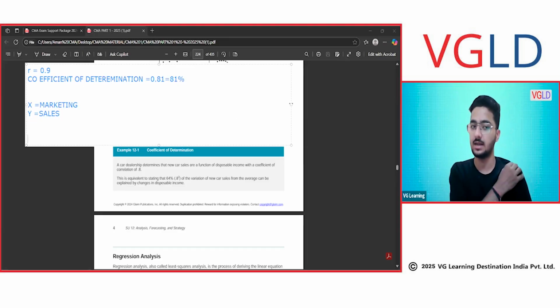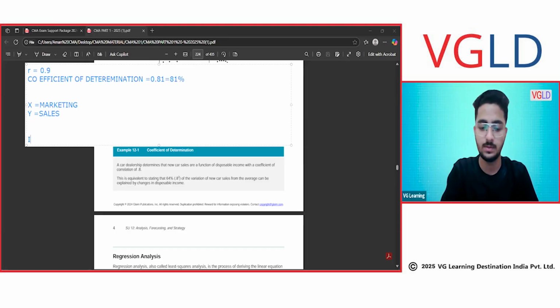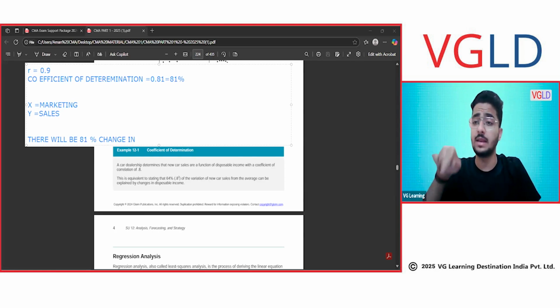It says that there will be 81% change in the dependent variable. The dependent variable here is sales.